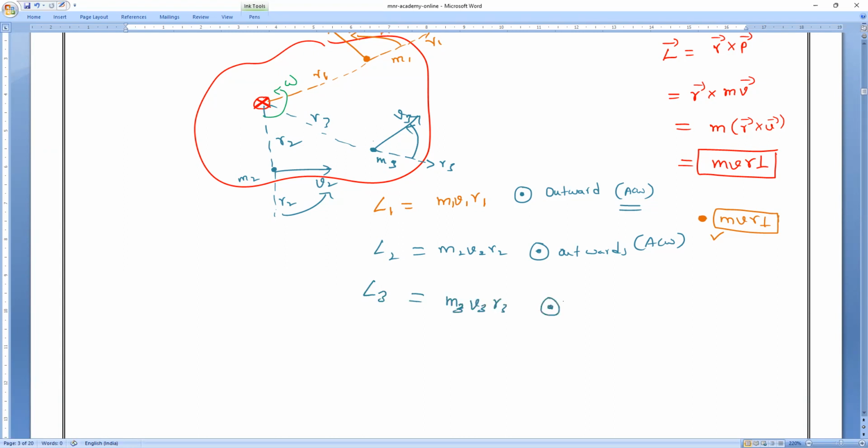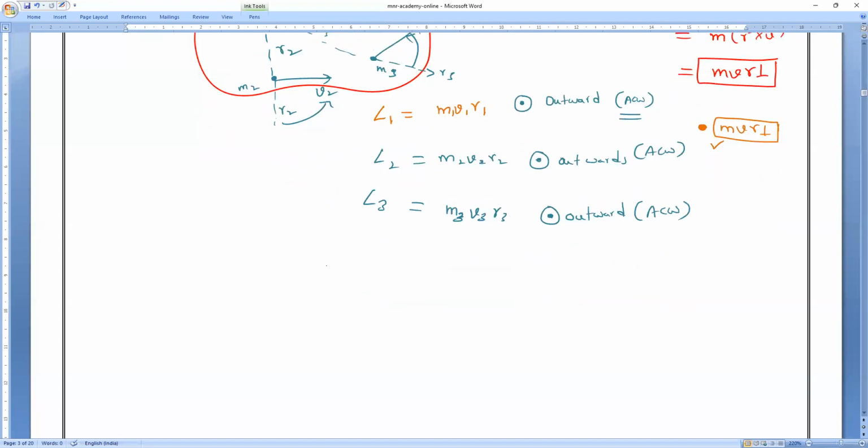Here also what is the direction of angular momentum, everybody? It is also outwards, which is anti-clockwise. Clear? Now, like that, if I go to n number of particles in a purely rotating body, Mn, Vn, Rn, that particle also acts outwards.